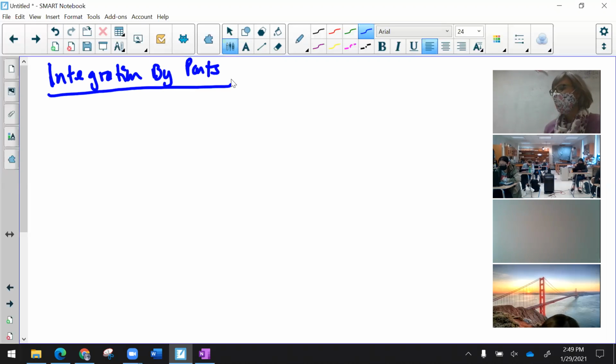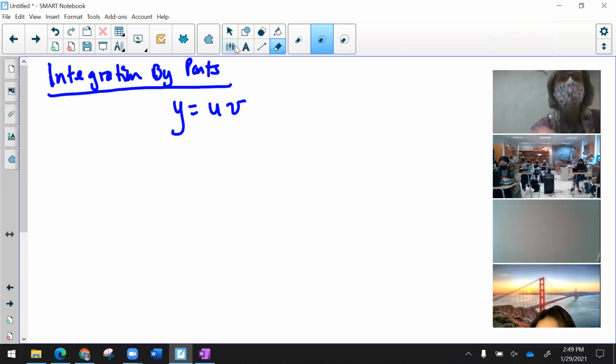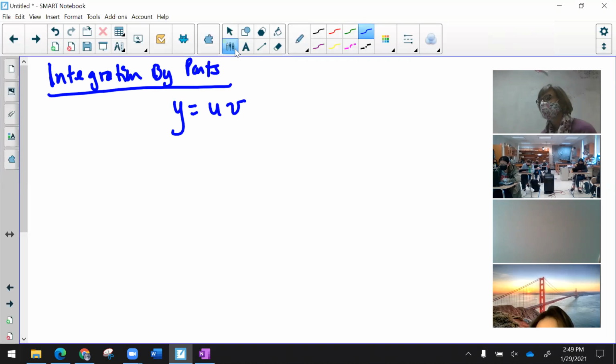Okay. And like I said, we use the product rule. So we're going to start by talking about some function y that's going to be the product of two other functions, u and v. And I'm going to take the derivatives of both sides with respect to x.